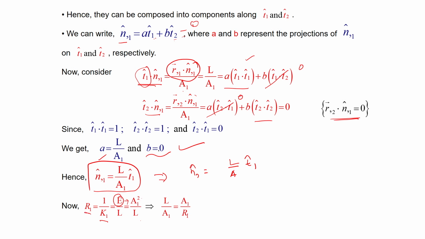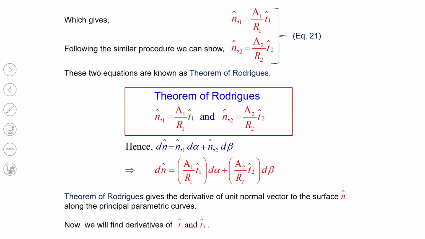So A1 by R1 is equal to L by A1. So L by A1 can be written as A1 by R1 in terms of the Lamé parameter and the radius of the curve. In this way we get the equation that n comma 1 will be A1 by R1 into T hat 1.